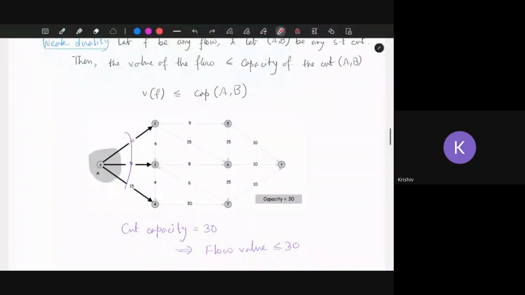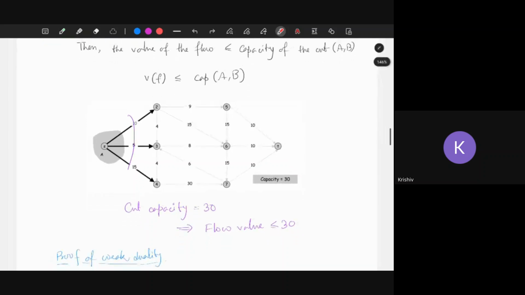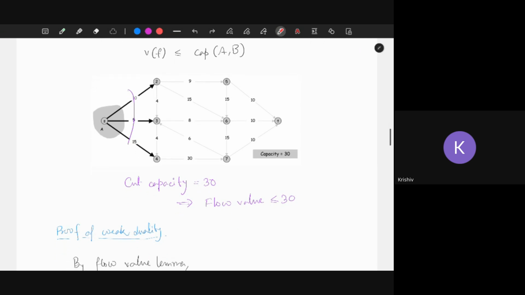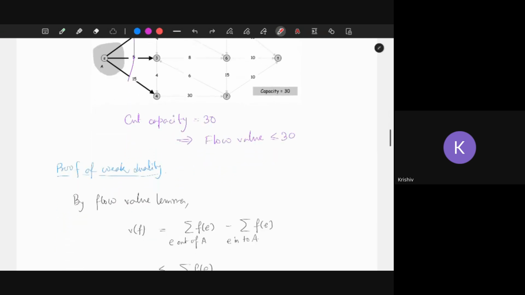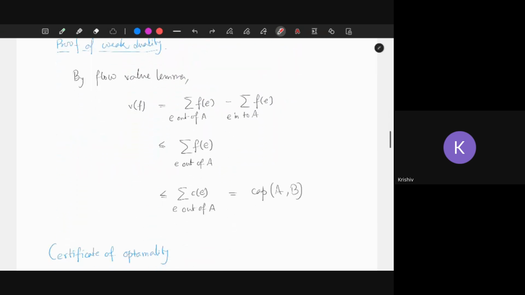Suppose in this case the cut capacity is 30. So the maximum flow you can push is less than or equal to 30 always. The proof is fairly simple. You just use the previous lemma, and because these are positive, you can ignore them.